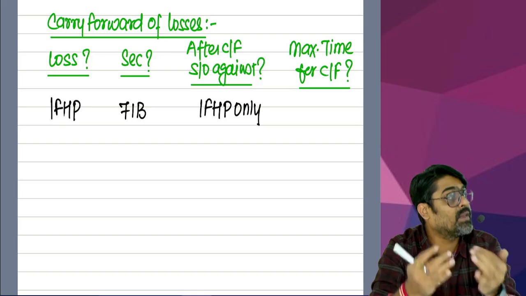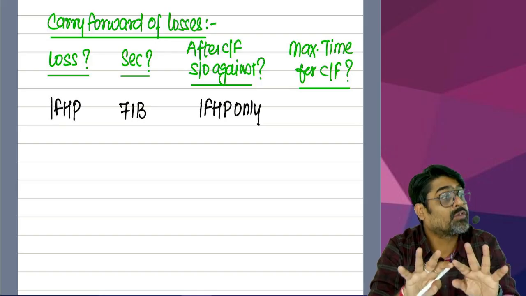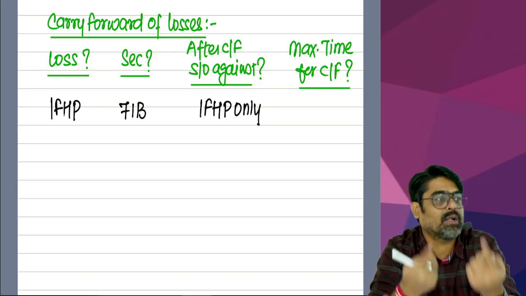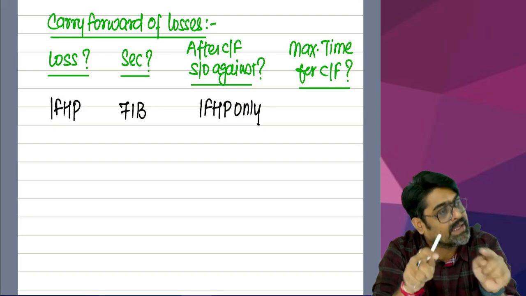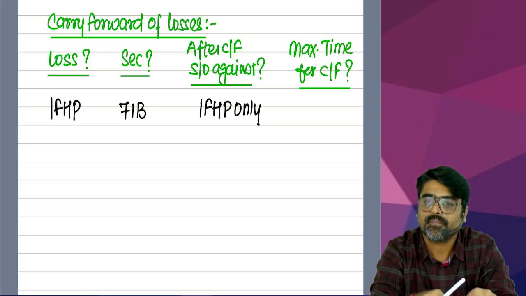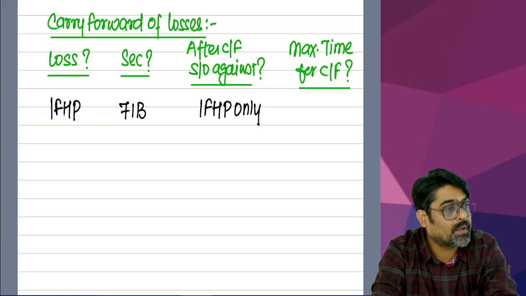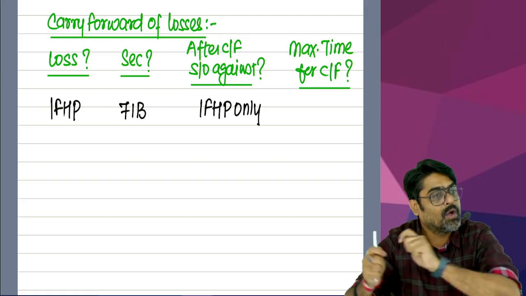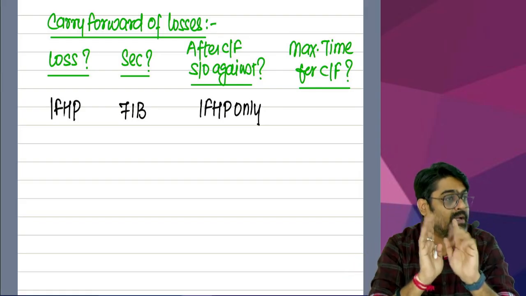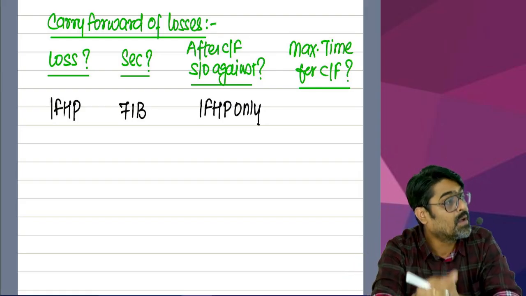In that year, if that property is not in existence, still that loss can be carried forward and set off. Yes or no? But it can be set off only against income of house property, maybe the same house property or the other house property.